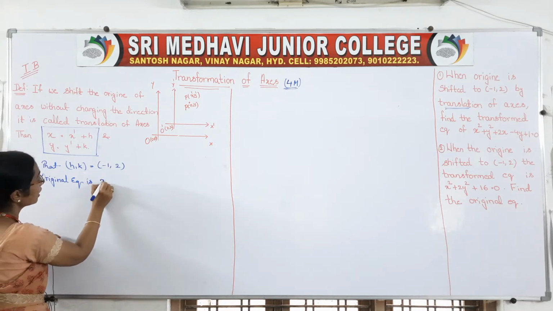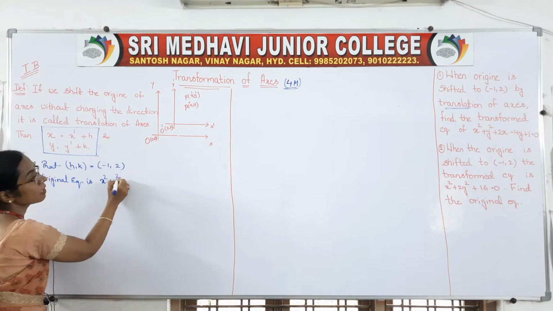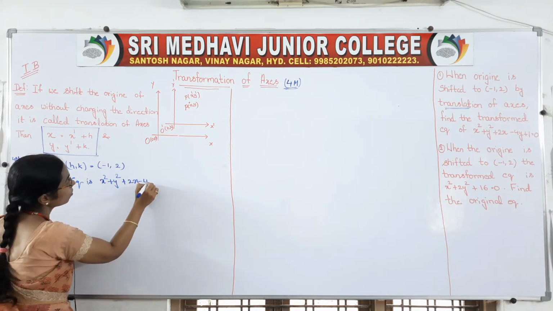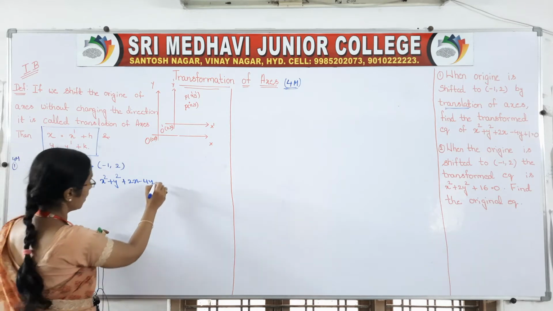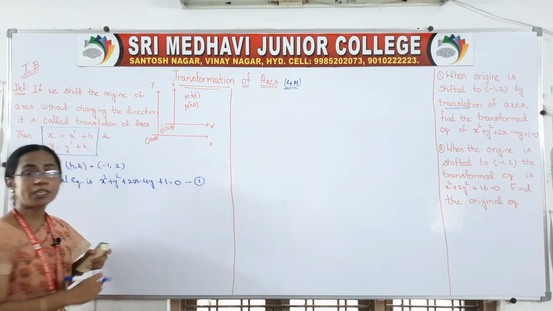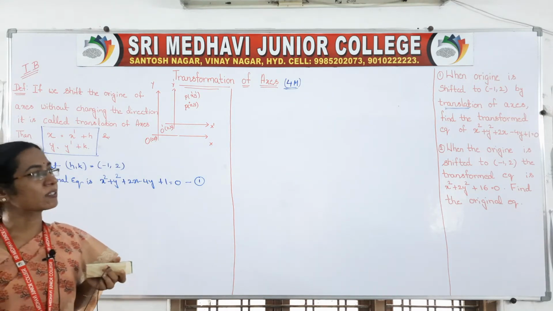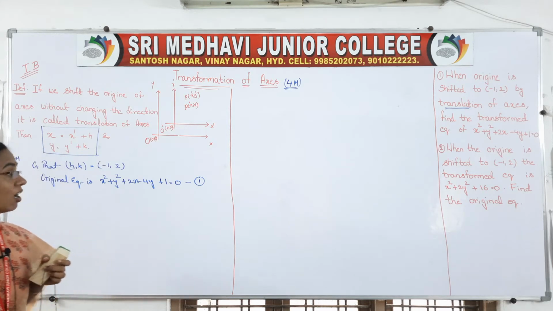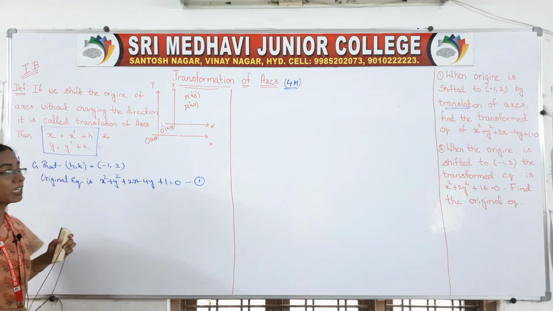Write it correctly: x square plus y square plus 2x minus 4y plus 1 is equal to 0. This is your original equation. They asked to find the transformed equation, that means after shifting the origin, what will be your equation?